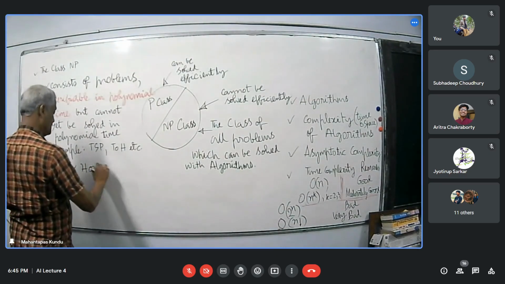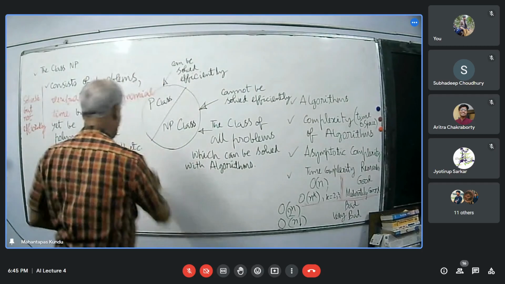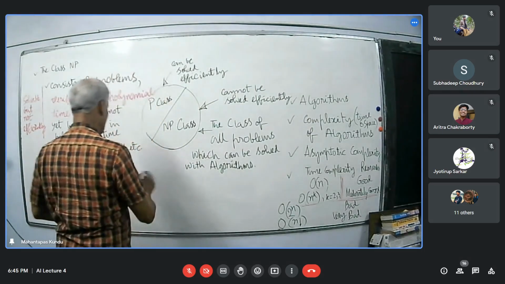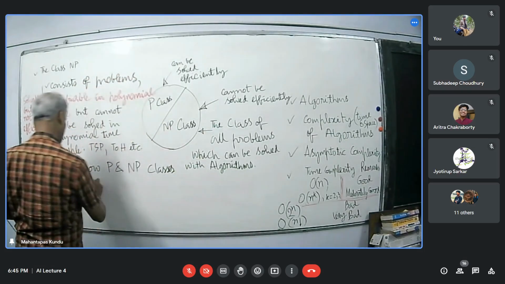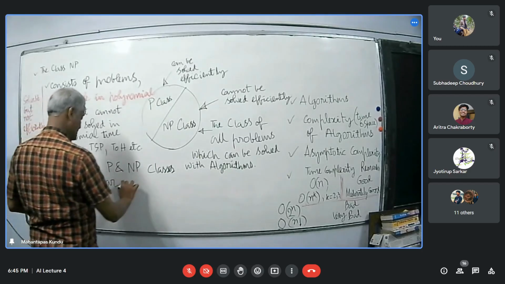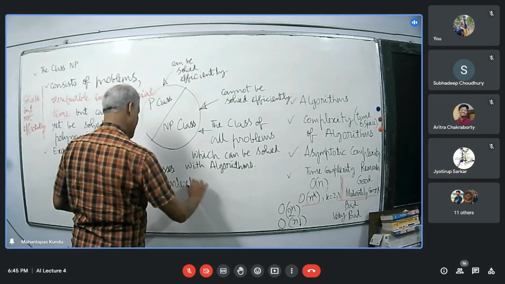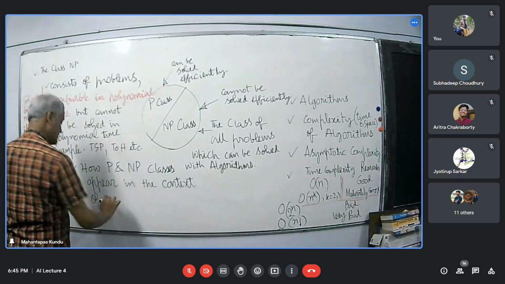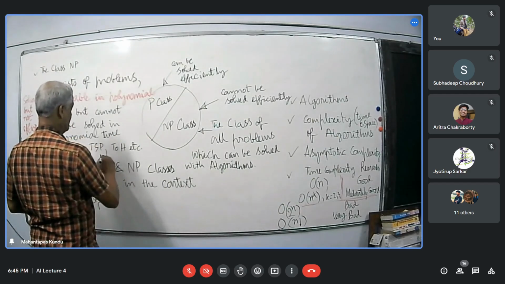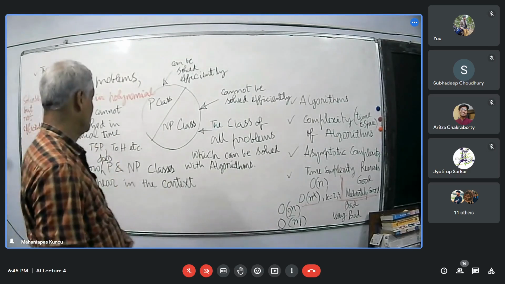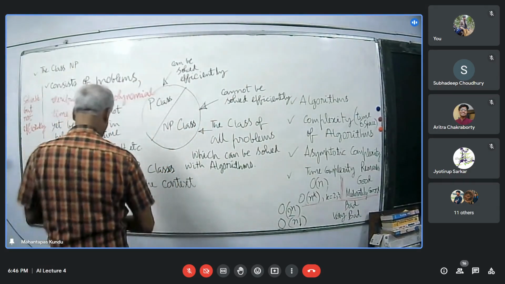How do P and NP classes appear in the context of AI?